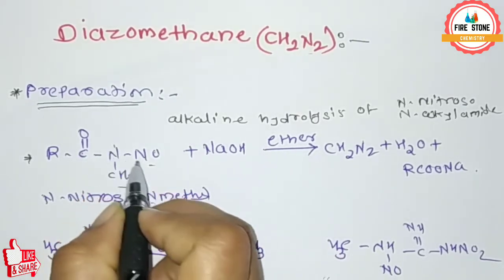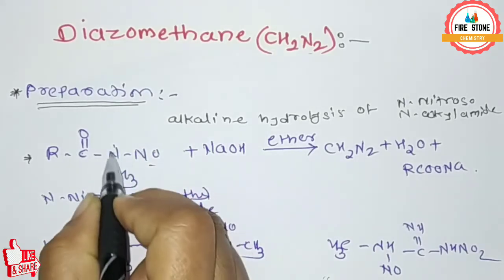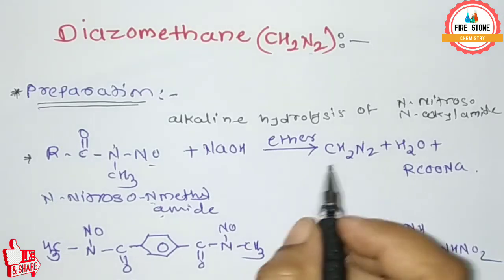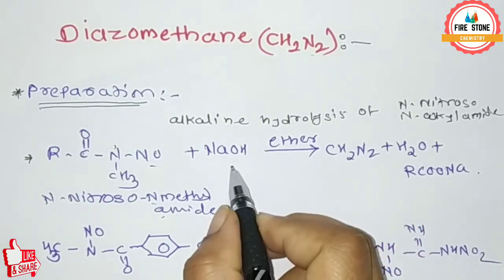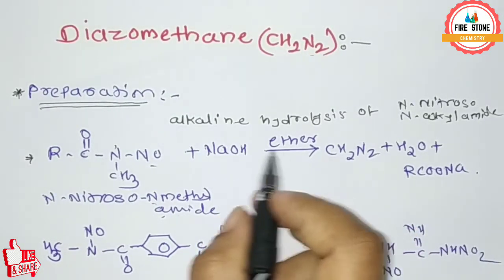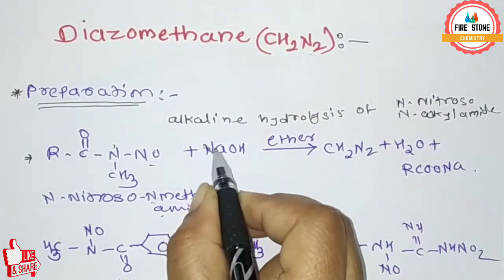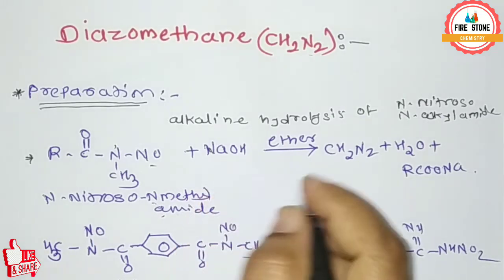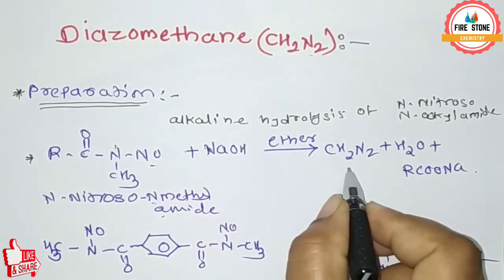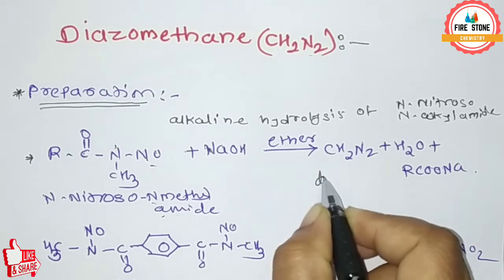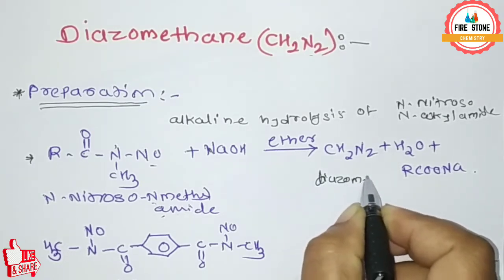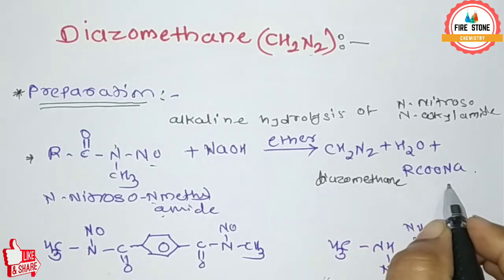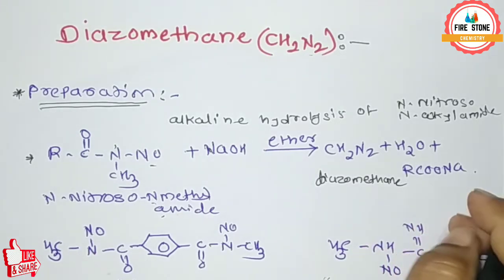When hydrolyzed in the presence of alkali, that is in the presence of NaOH, we get diazomethane and water and RCOONa.